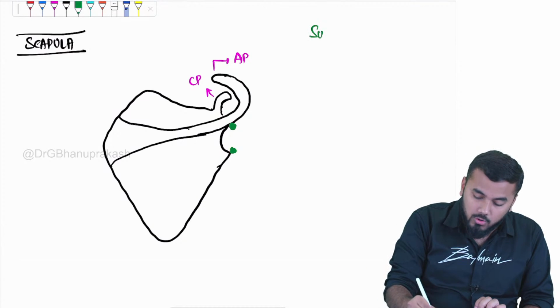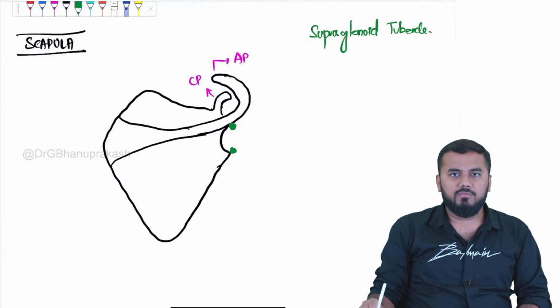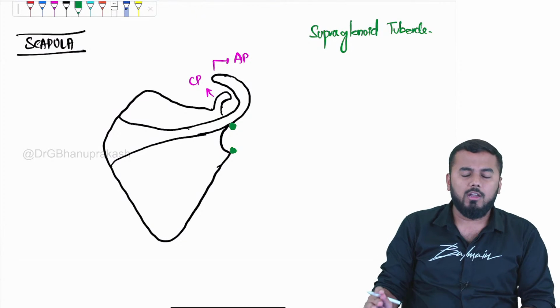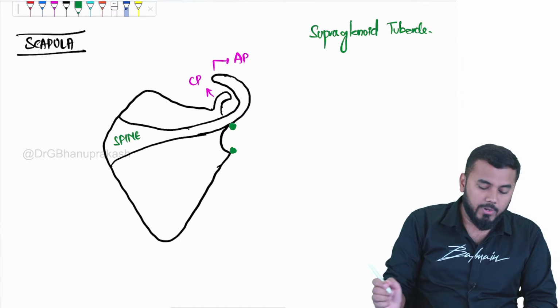One is the supraglenoid tubercle and the other is the infraglenoid tubercle, and in the center you have the glenoid cavity. No fun in telling that this is also called the spine.